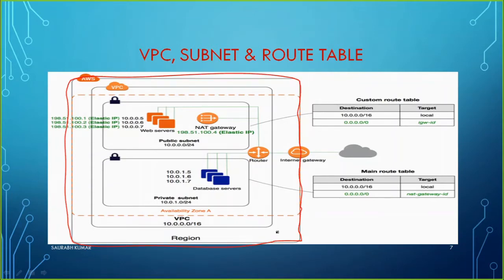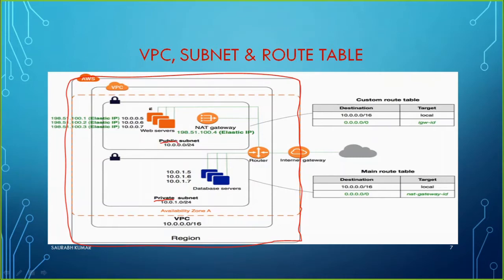Within a region, the next thing you choose is maybe your availability zone. Here, this red dot represents one availability zone. Within one availability zone, you can even have multiple subnets. Maybe one subnet you have decided to make private, and one you have decided to make public.